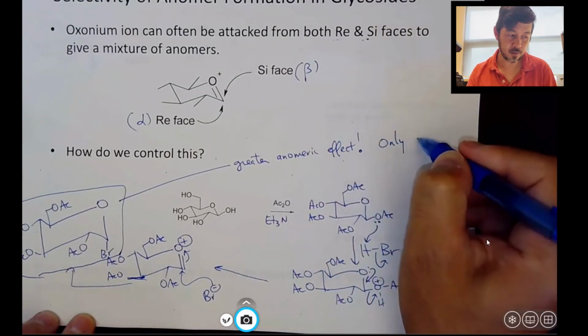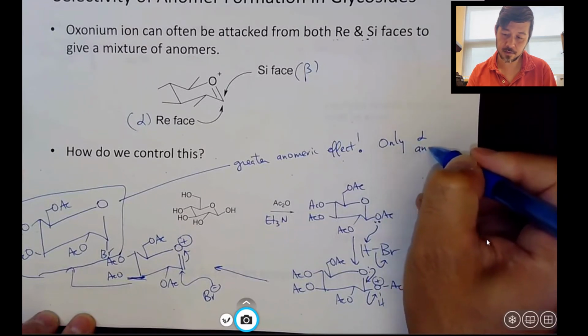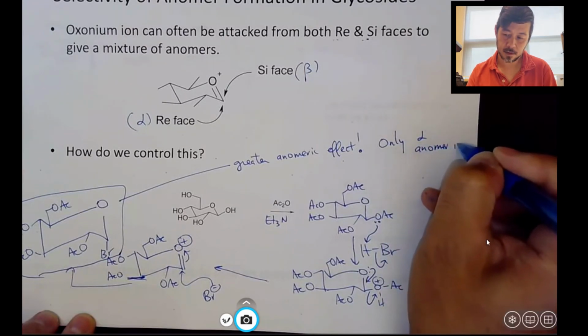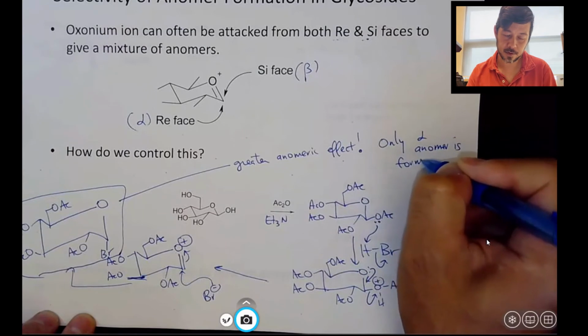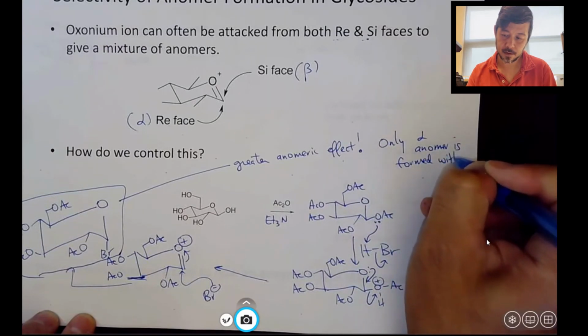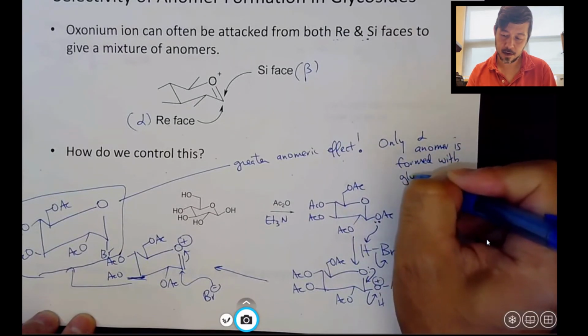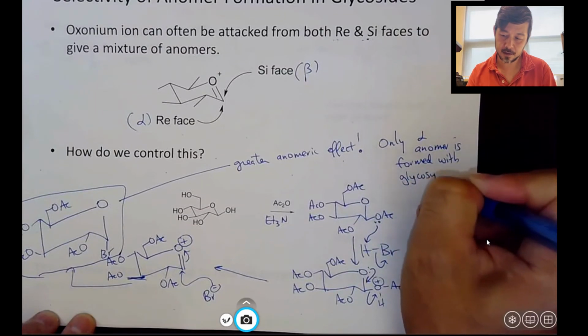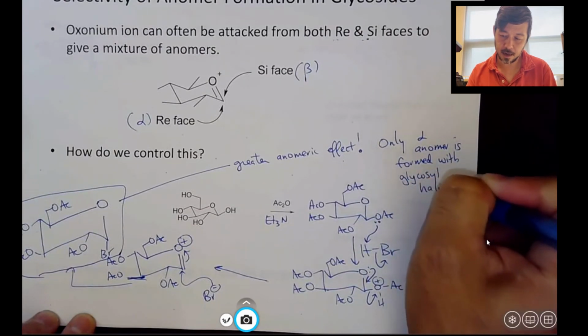Okay, so I'll just write down only the alpha anomer is formed with glycosyl halides. All right.